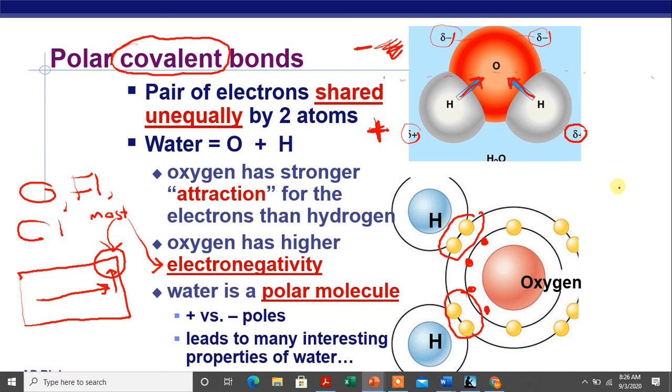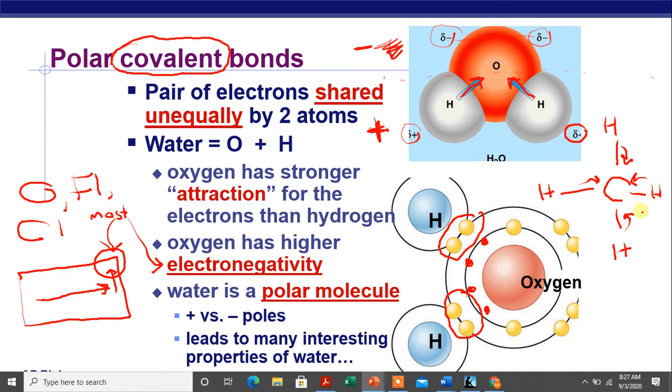Molecules that aren't polar are called nonpolar. Here is an example of a nonpolar molecule. Yes, carbon is slightly more electronegative than hydrogen, so these electrons will be slightly closer to the carbon side, but they're equal on all sides.